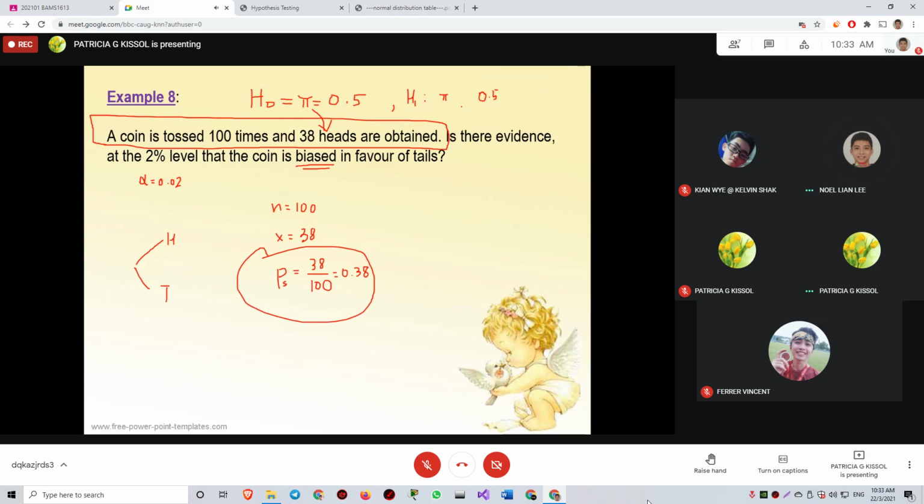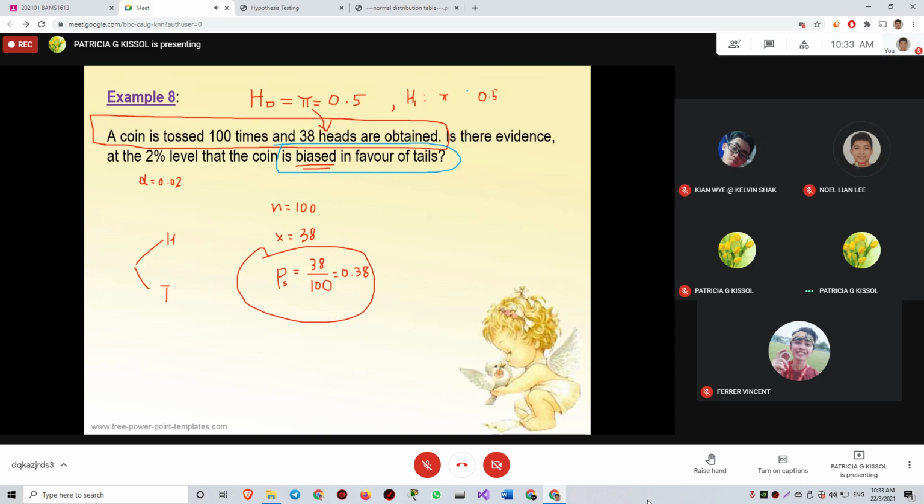Not equal. Of course, that would be a good suggestion also, not equal. But think of this last sentence you see here. It stated a coin is biased. More than one tail.